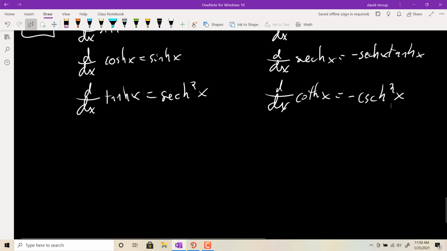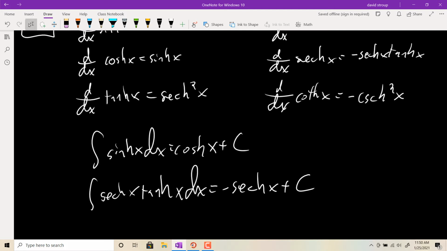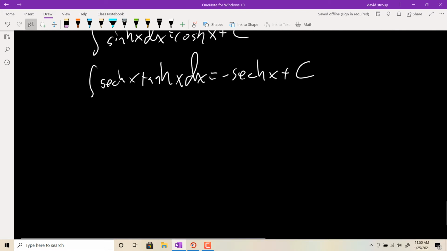And if you know those, you know the integrals, so you should know all the basic integrals, like the integral of sinh is cosh. And then you should know the other side, stuff like the integral of hyperbolic secant x tanh x dx is negative hyperbolic secant x plus c. So you should be able to do any kind of variation of those.